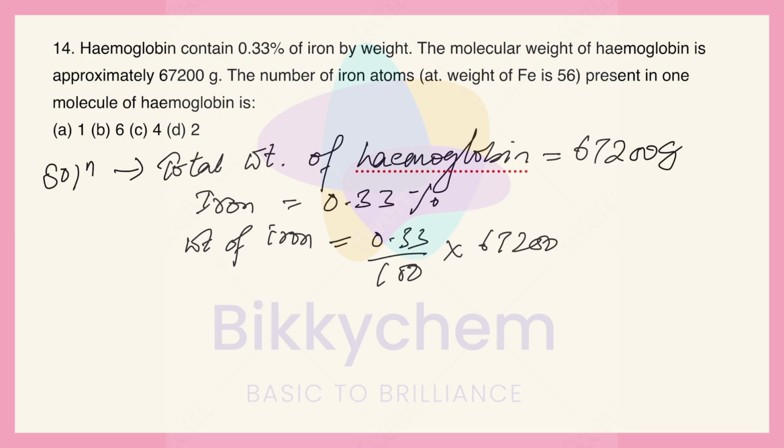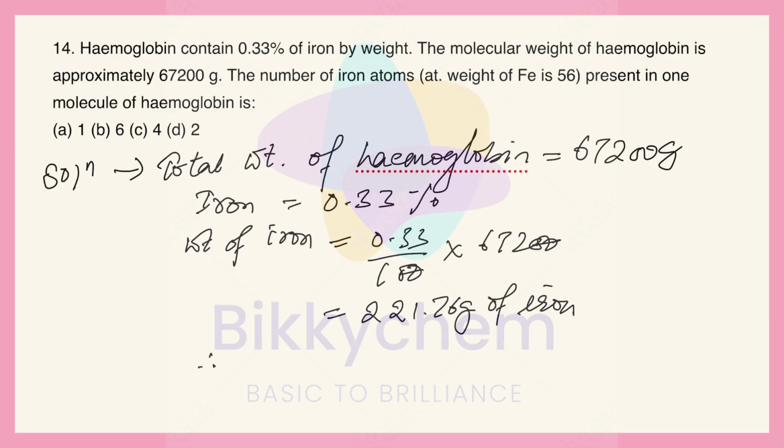So if we cancel and multiply it, we'll get 2217.6 gram of iron out of 672,000 gram of hemoglobin.